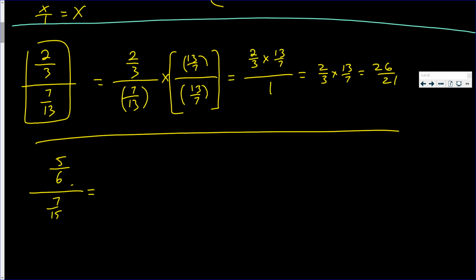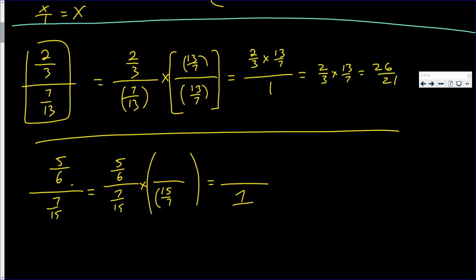I don't want to be dividing one fraction by another fraction. That means I want to multiply this by 1. Now, if the denominator became 1, that would be beautiful. So I'm going to multiply by 15 over 7, because I know this times this is 1.